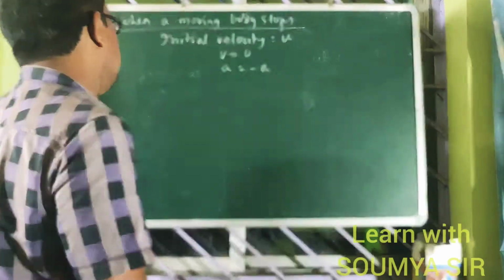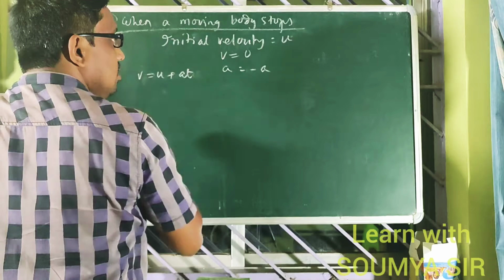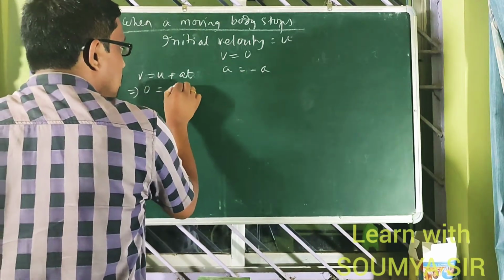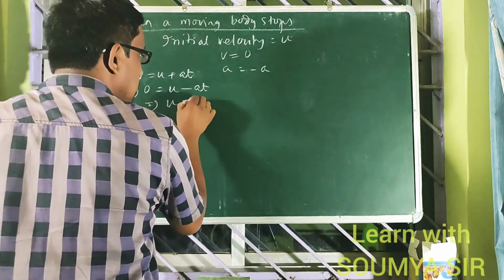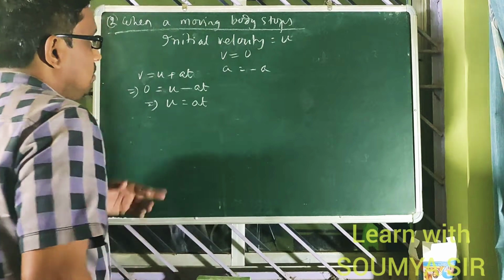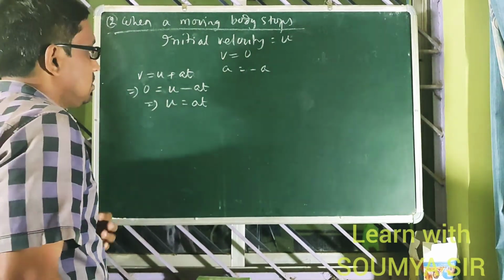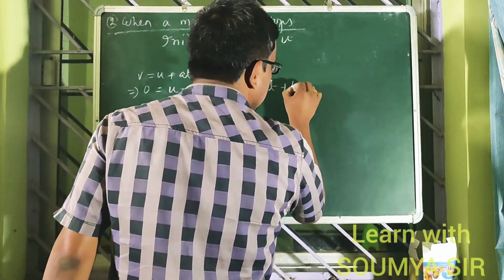So what can we write? First equation of motion, v is equal to u plus at. Put v is equal to 0, so we can write 0 is equal to u minus at, or u is equal to at. Second equation, s is equal to ut plus half at square.